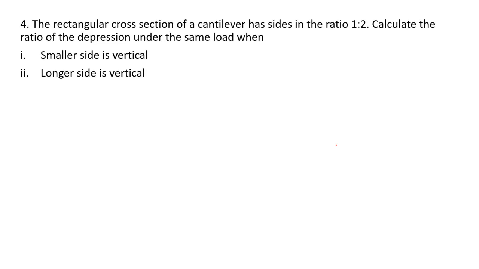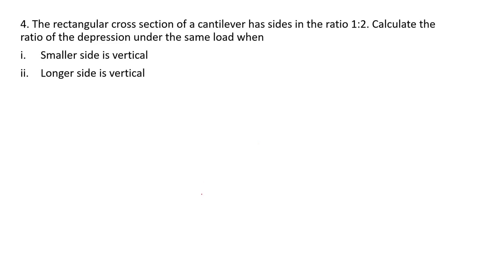A rectangular cross section of a cantilever has sides of the ratio 1:2. Calculate the ratio of depression under the same load when the smaller side is vertical and the longer side is vertical.